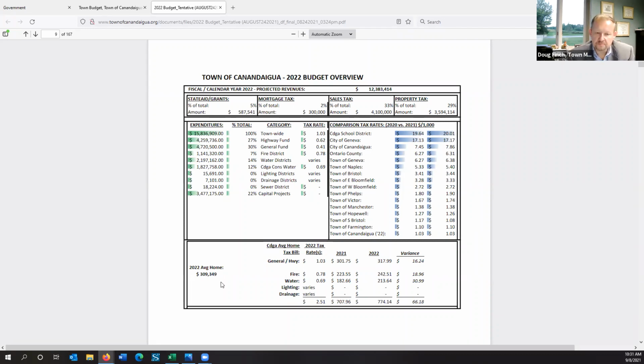Down below here, I talked about this earlier. The average assessed value of a home in the town of Canandaigua is up to $309,349.